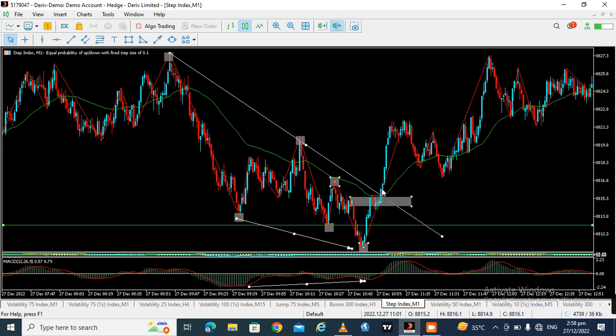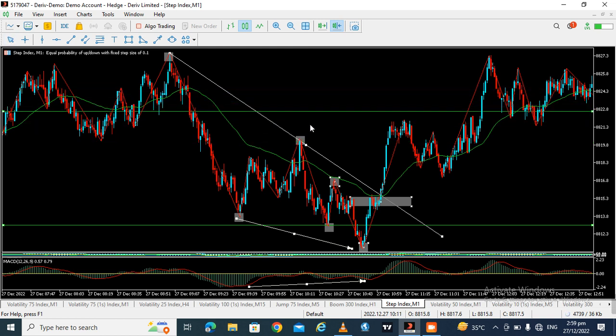So when you go for a buy at the close of this candle, look to your left and take this particular mark as your first TP point, your TP1.